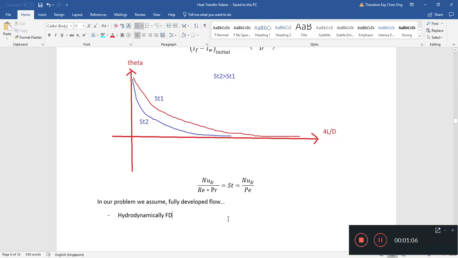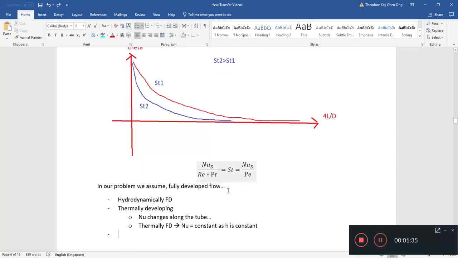Thermally we assume that it's not developed yet. What do I mean by thermally developing? It means that the Nusselt number changes along the tube. When it's thermally fully developed, that means that Nusselt number is constant, as h is constant. So that's important to remember.